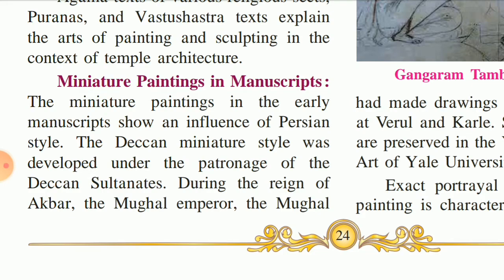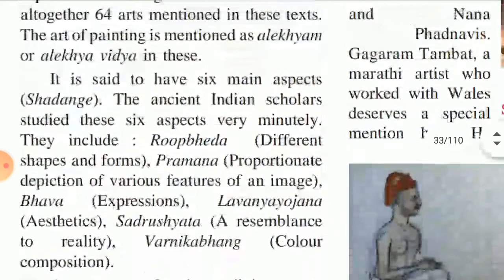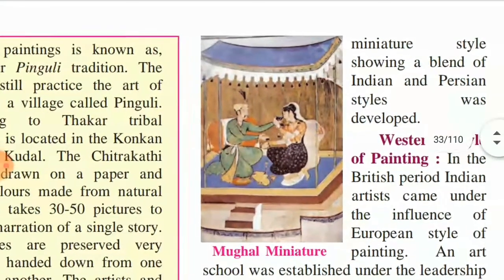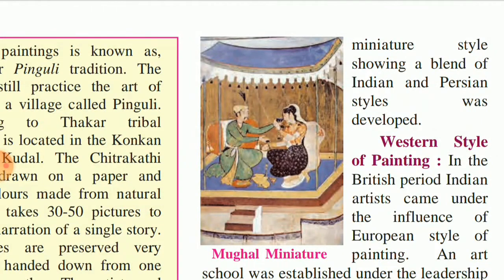During the reign of Akbar, the Mughal emperor, the Mughal miniature style, showing a blend of Indian and Persian style, was developed. So now here Emperor Akbar gave the patronage to the artists, and then Indian style and Persian style were mixed together, and then several paintings were done.